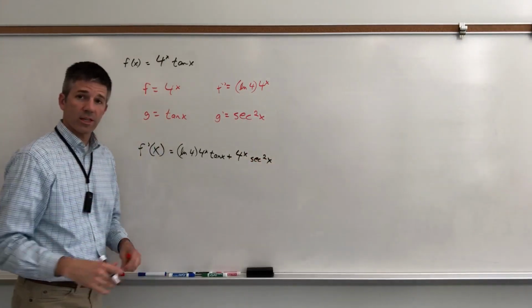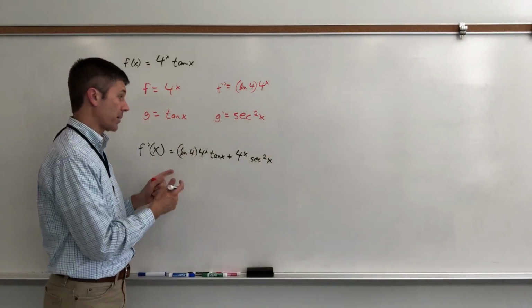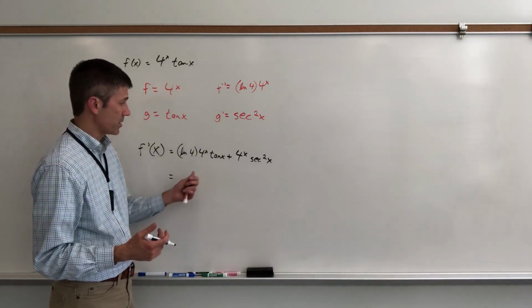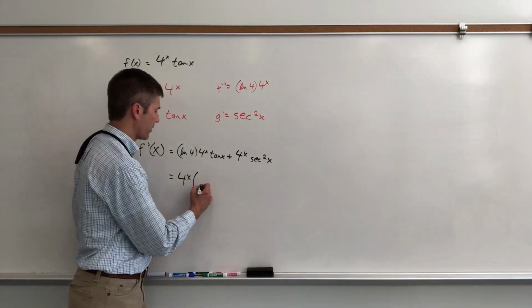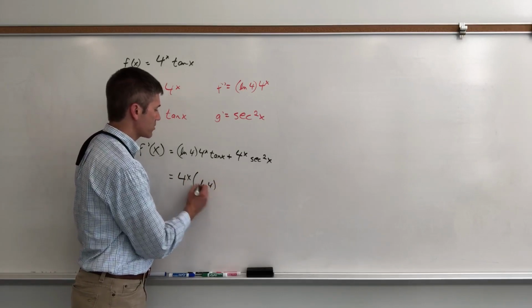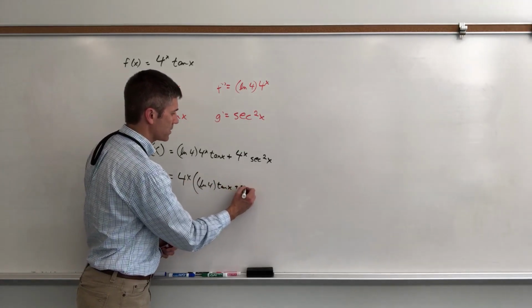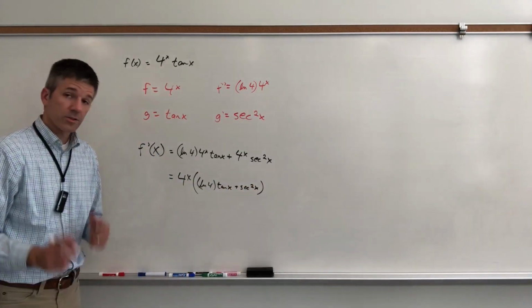I'd accept it. You'd accept it. We're happy. It's great. It works. On a multiple choice question, this may not be the answer, so I'm just looking at ways I could simplify this a little bit more, and I noticed that both terms have 4 to the x that can factor out. So if you wanted to, you don't have to, you could go a little further and say this is really 4 to the x times natural log of 4 tan x plus secant squared, basically just factoring out that 4 to the x. Okay, let's do one more.